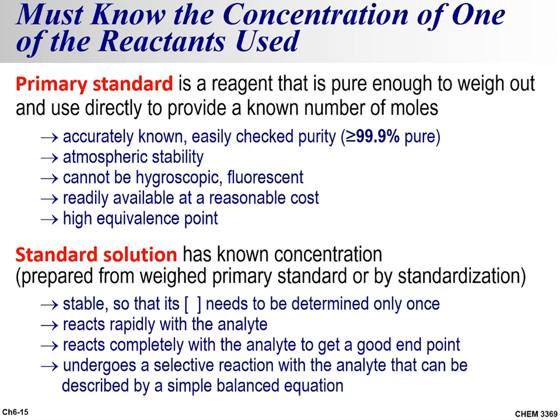Now, it should also have reasonably large molar mass. That allows us to avoid the error associated with weighing the standard and calculating the amount of moles that we have. So very few compounds actually meet this criteria.